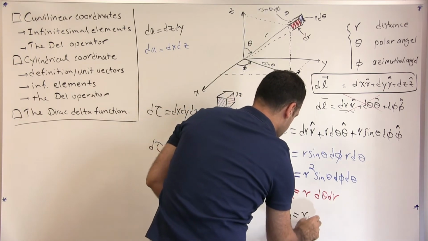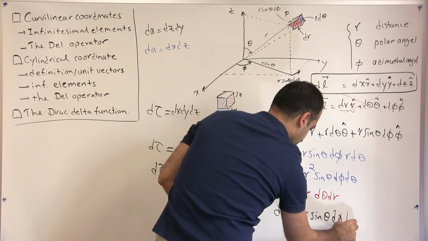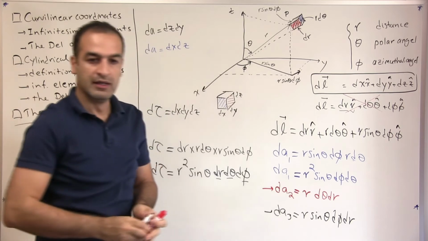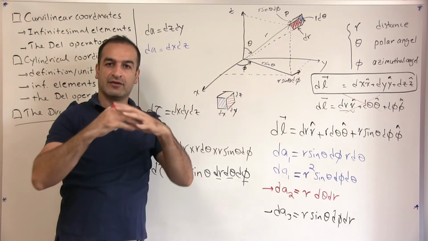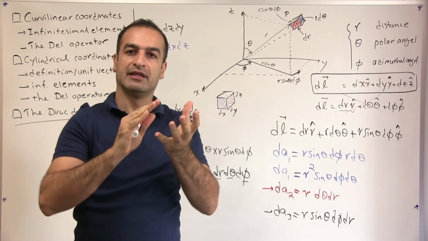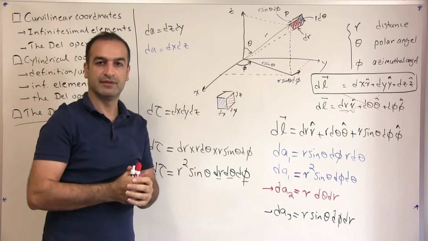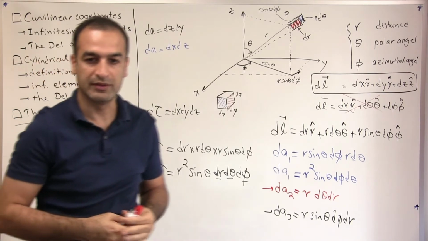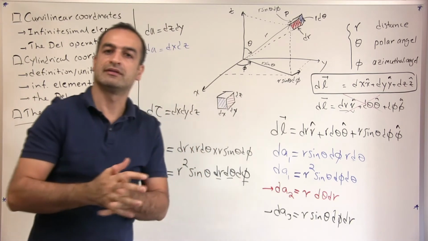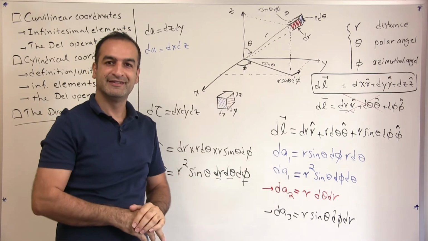So again, it's going to be r sine theta d phi times dr. So surface area, depending on what direction we are moving and what is the surface of interest relative to the coordinate system, we will have three different options. That's what you figure out when you are dealing with the actual context of the problem. Does it make sense? Everything here?